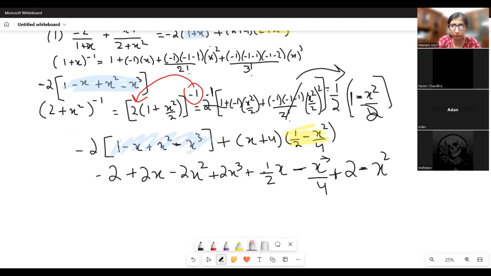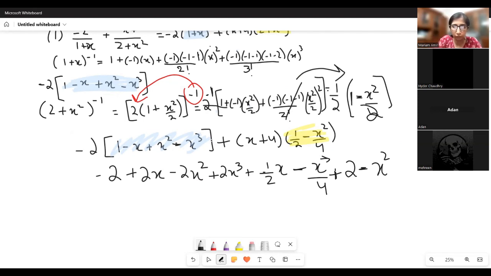Let me double check. Half x minus x cubed by 4 plus 2 minus x square. All right. So now we have minus 2 plus 2 and any other constant. No, I'm not getting any constant. But the answer will, yeah, there's no constant.